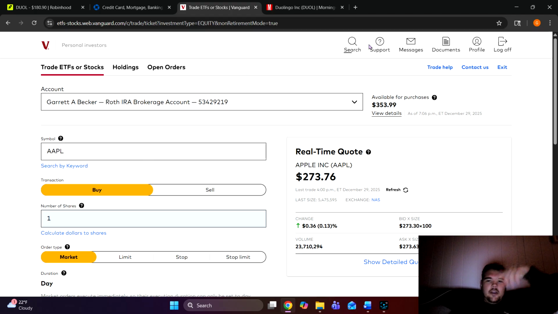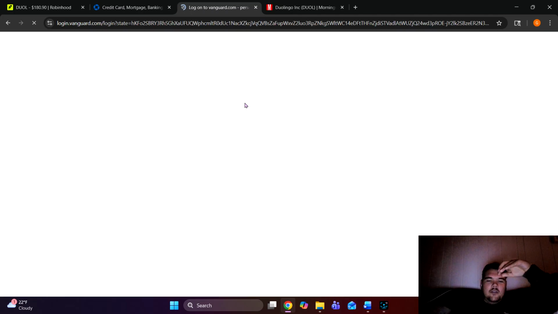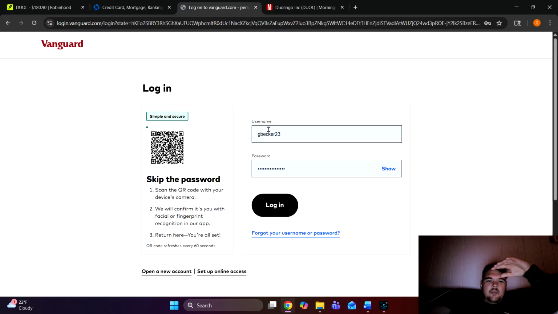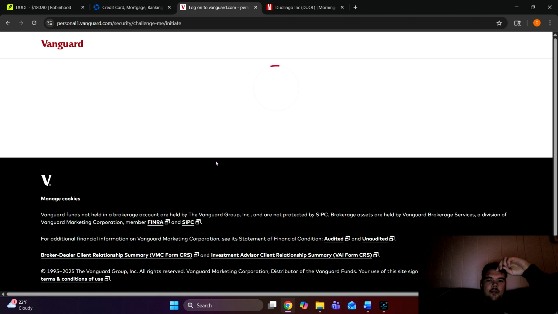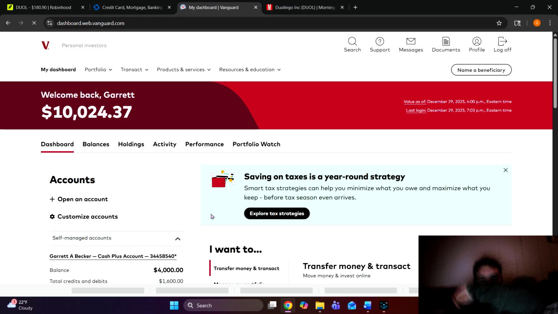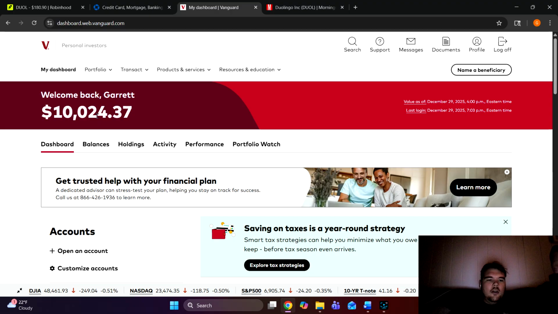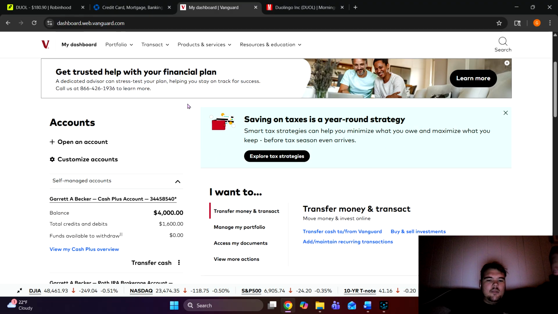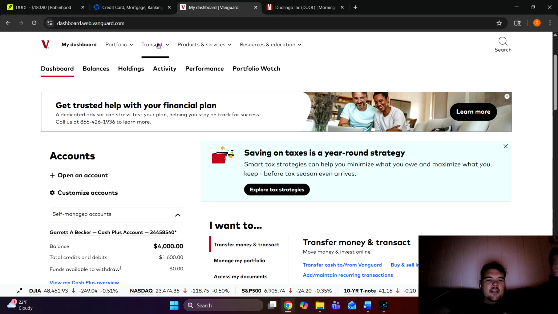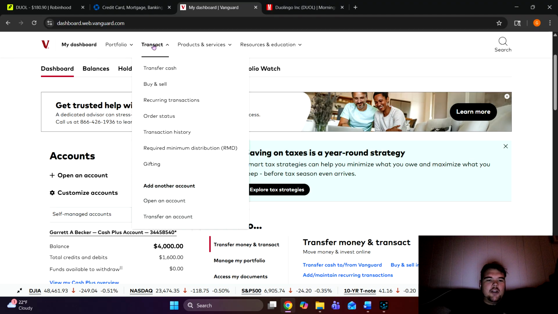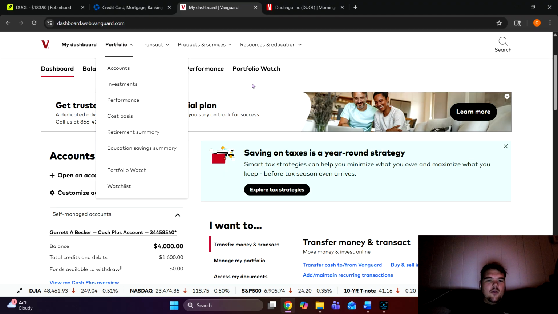Preview. Oh yeah, and if you want to, most of the time you're going to add funds to your account. Most of the time, you'll see portfolio, or transact, or trade.